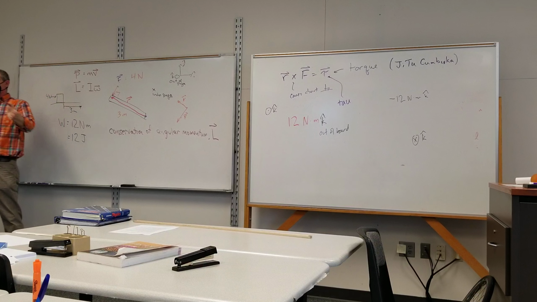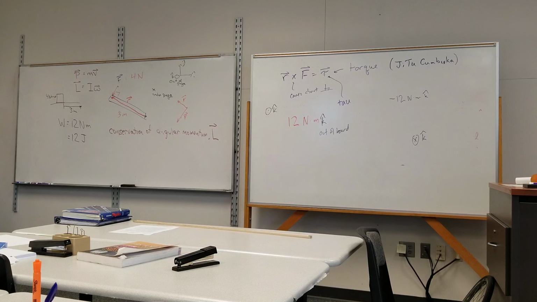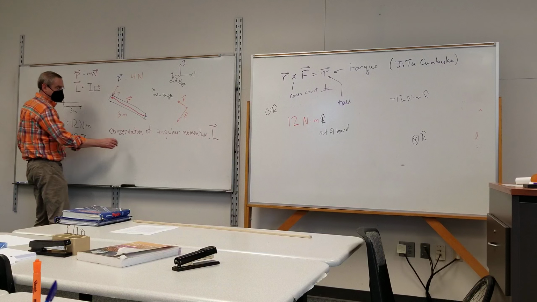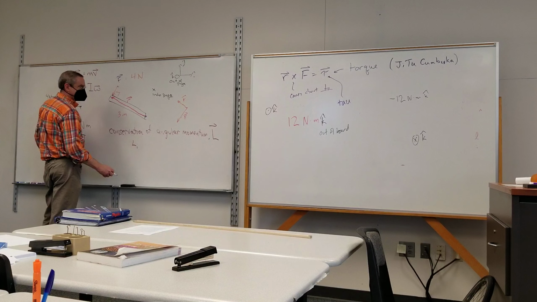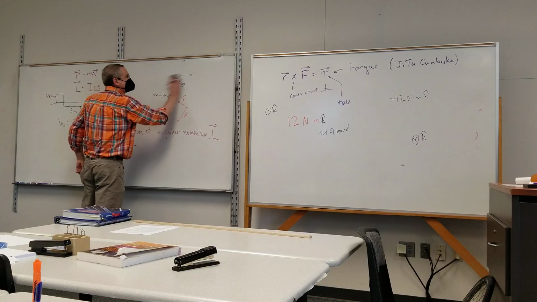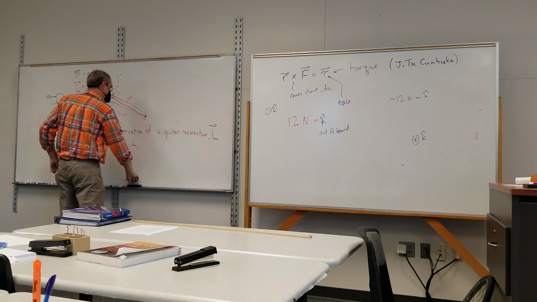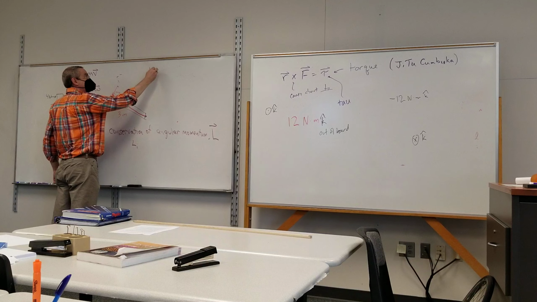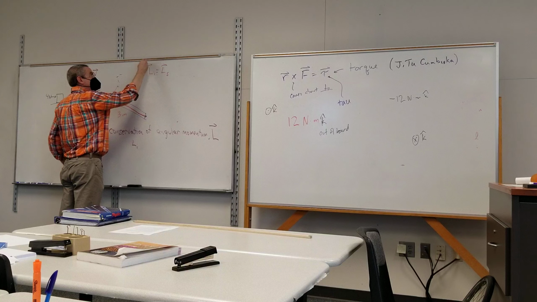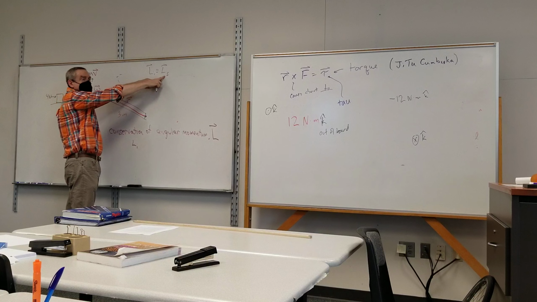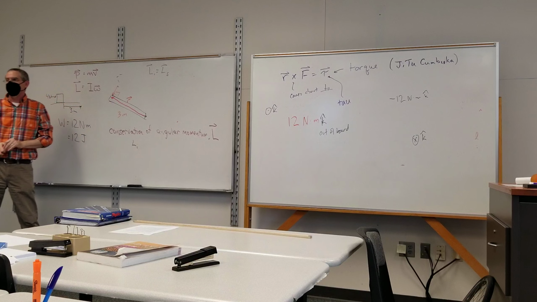Conservation means whatever I start with, I'm going to end with, assuming it's a closed system. So let me write up higher on the board. L initial is equal to L final. That's just saying that whatever angular momentum I have initially, I have the same amount at the end.